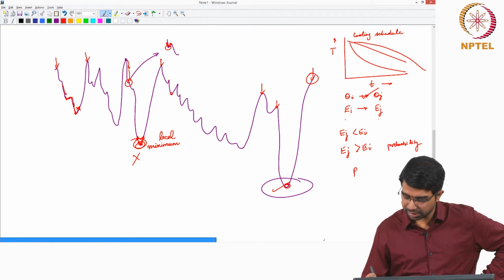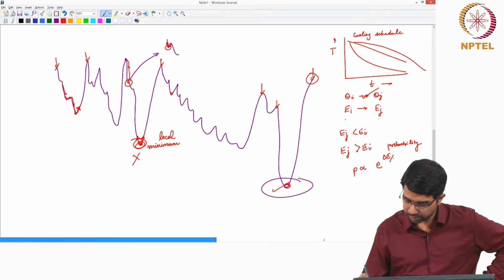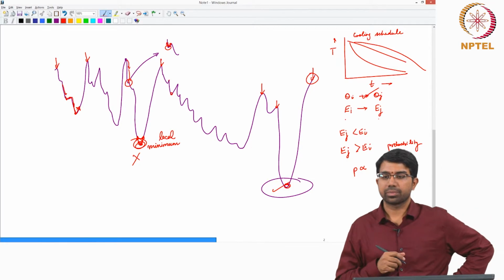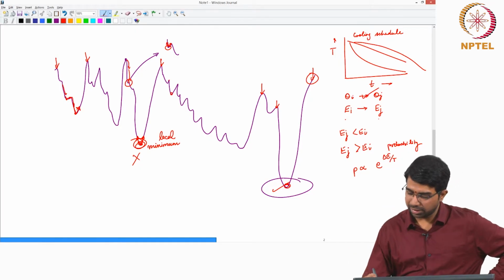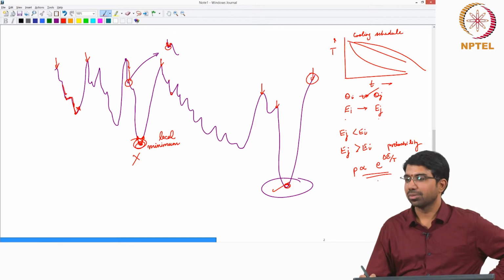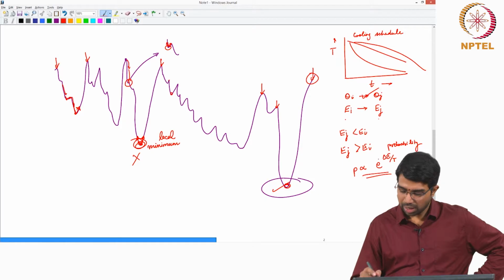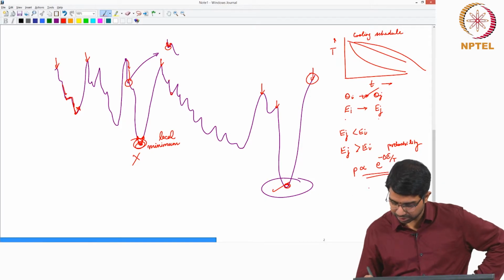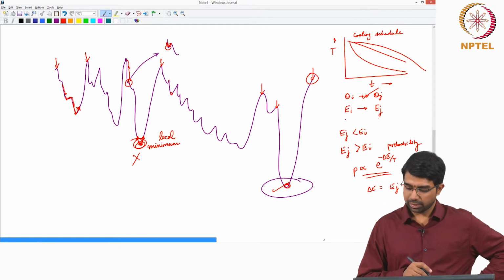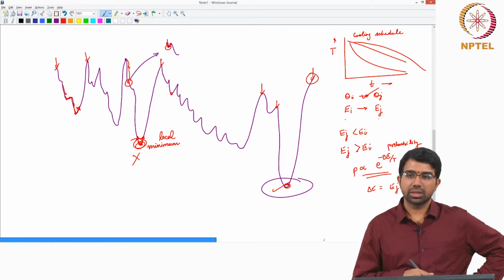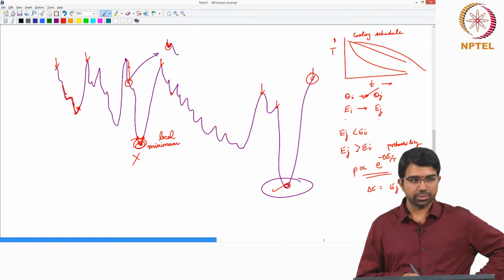This probability is generally proportional to e to the minus delta E by T, so this is again very inspired from the Boltzmann distribution, condensed matter physics. Delta E is basically EJ minus EI.